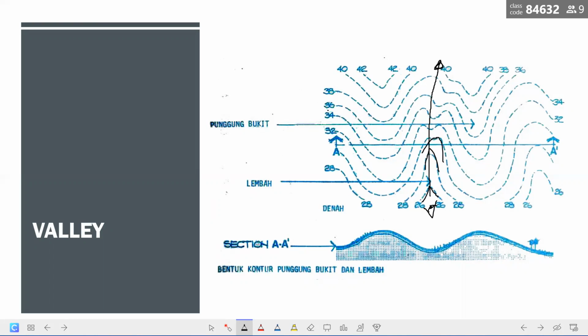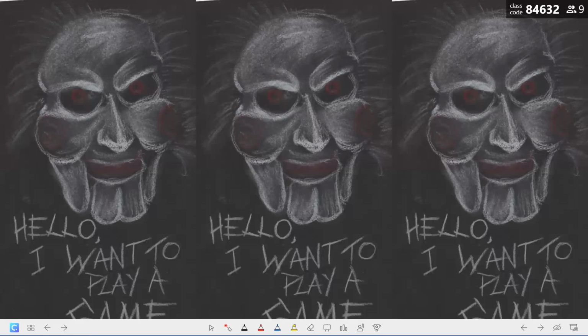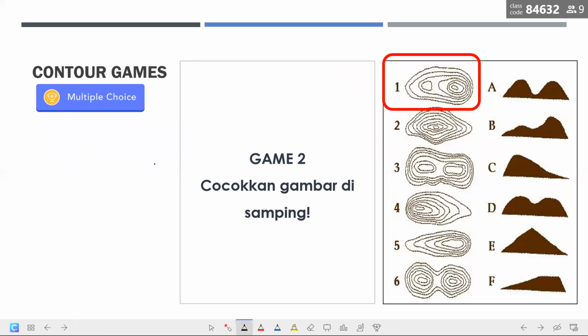So once again, I'd like to now put your knowledge to the test. Let's play another game. This time, we will try to match the contours on one side with the sections on the other. See if you can guess which is which. So number one, is it A, B, C, D, E, or F?